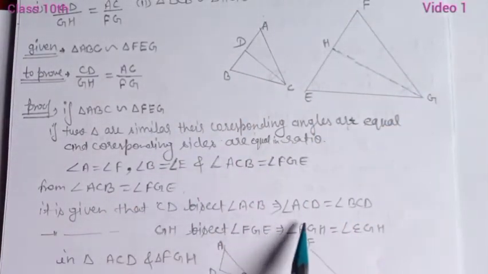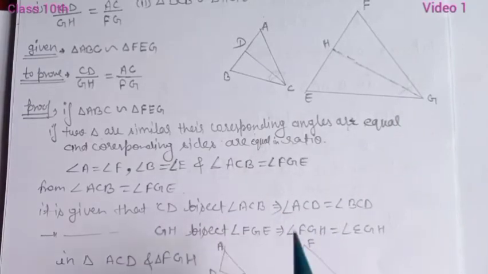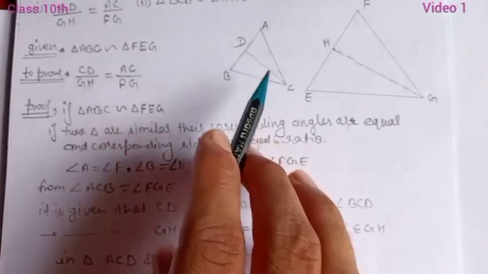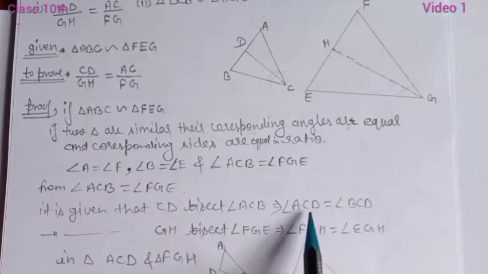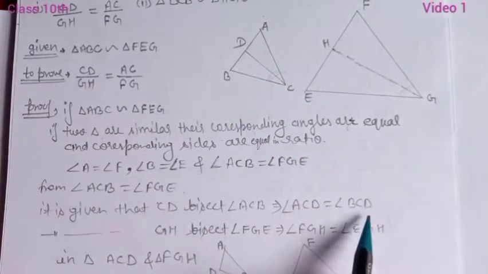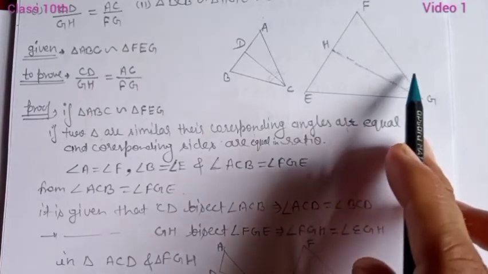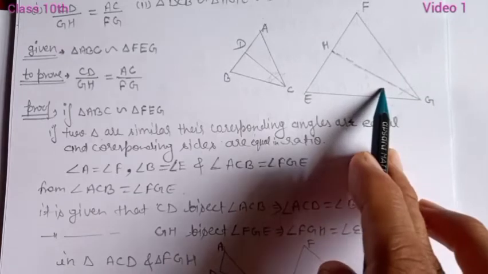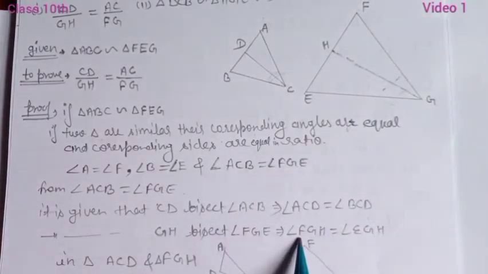Okay students, so now for the bisector of this angle ACB, we can write ACD is equal to DCB, or we can write it as ACD is equal to BCD. In a similar way in this triangle, because now we know that GH is a bisector of this whole angle, this angle is equal to this, so we can write FGH is equal to EGH.